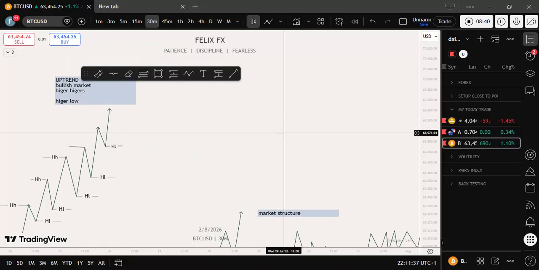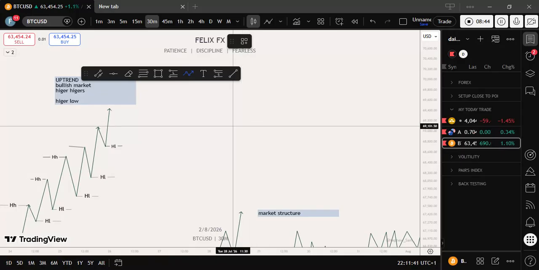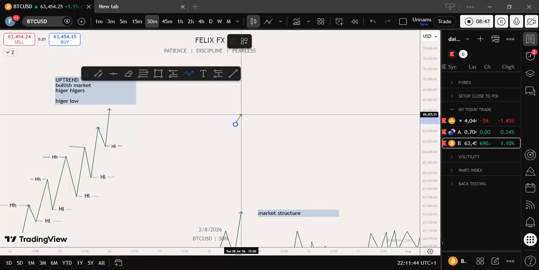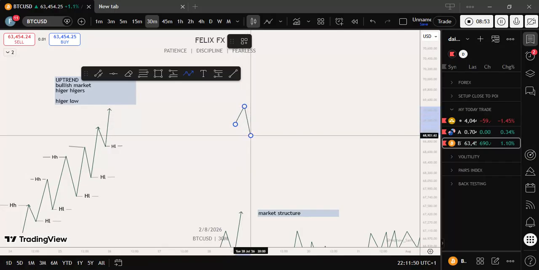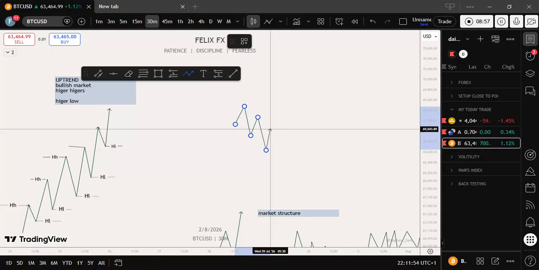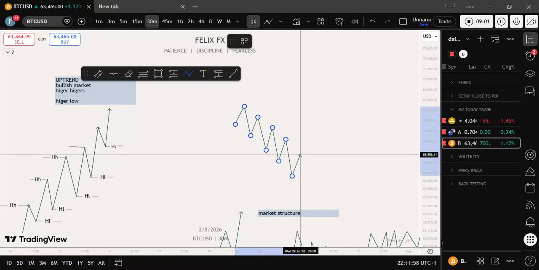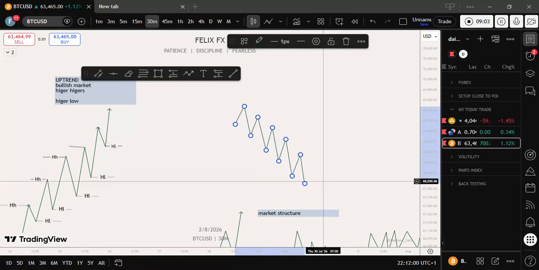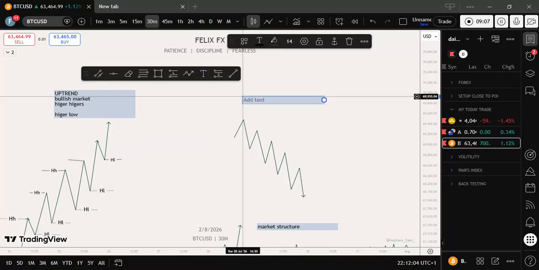So let's talk about the bearish market. When the market is creating a series of lows instead of highs, when you see the market go like this, doing this, you should know this as your downtrend.